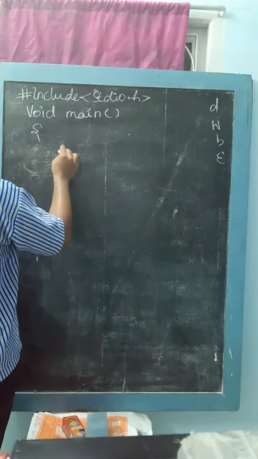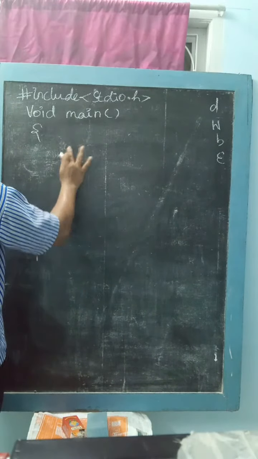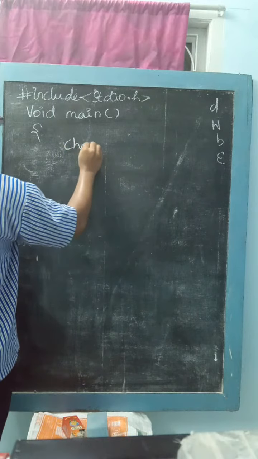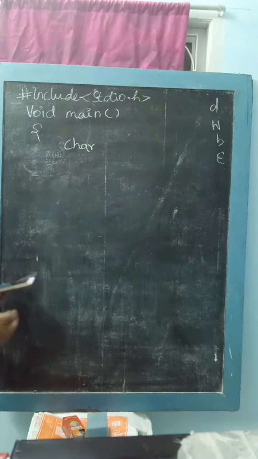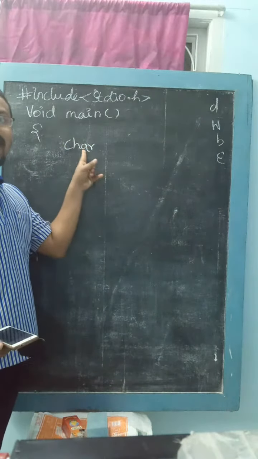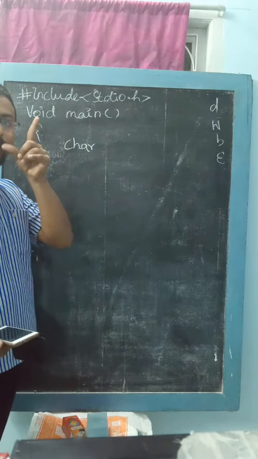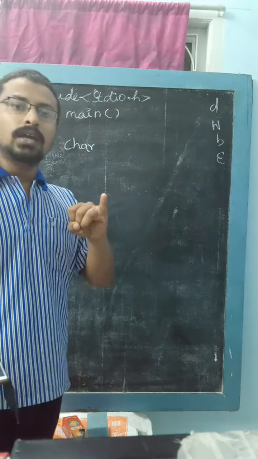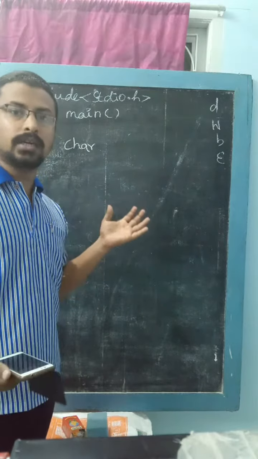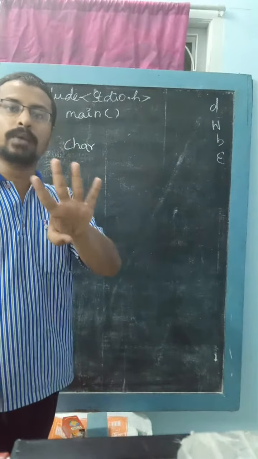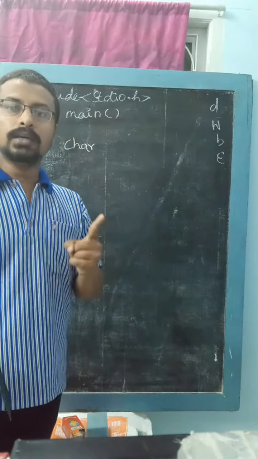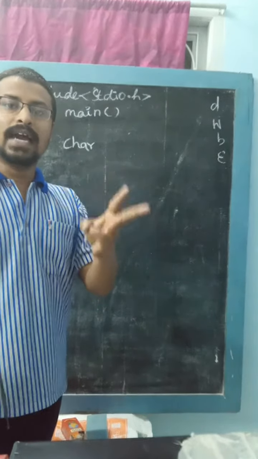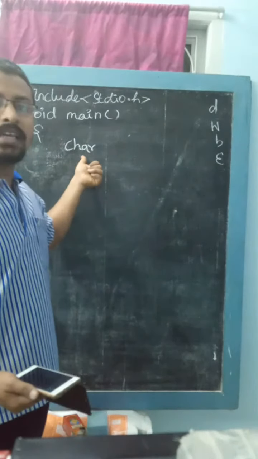Here we are going to get an option, that is a character. First time we are seeing the character data type. I already told you there are 4 primary data types: integer, float, character and double. First time we are seeing character.